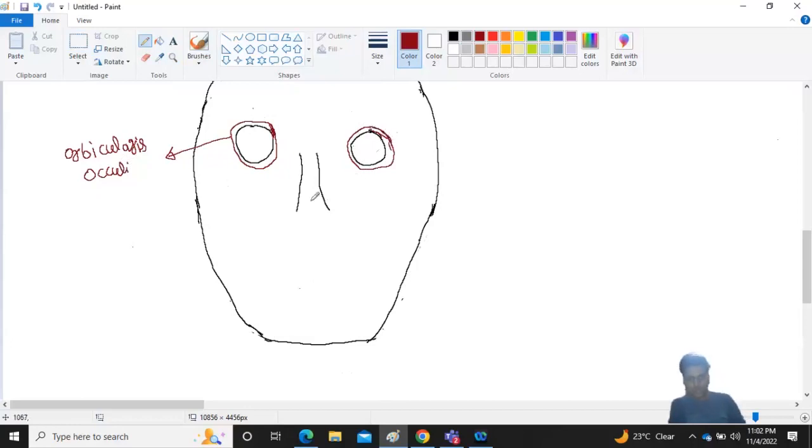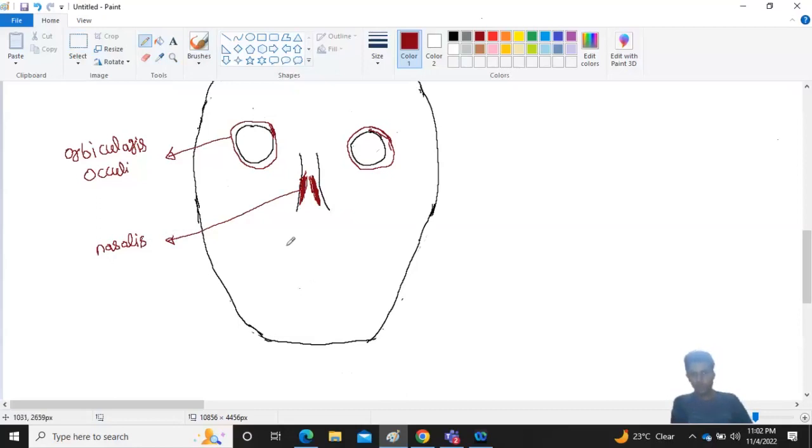Then the next muscle which is present near the nose. Let's say this is the muscle. This muscle is present on both sides. This is called the nasalis muscle, which is present near the nose. Done.